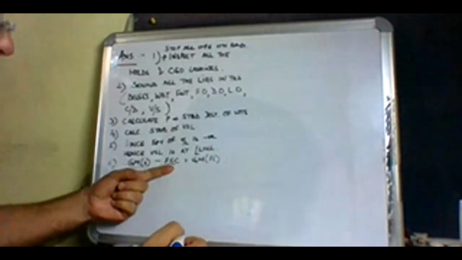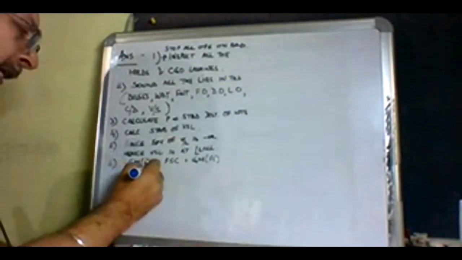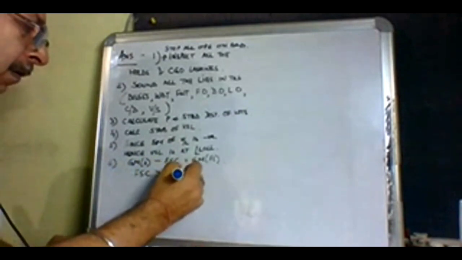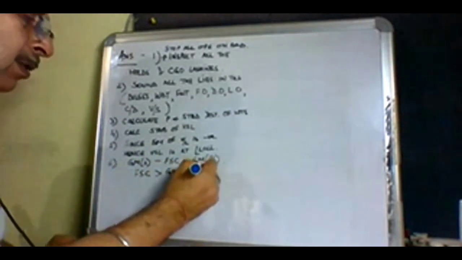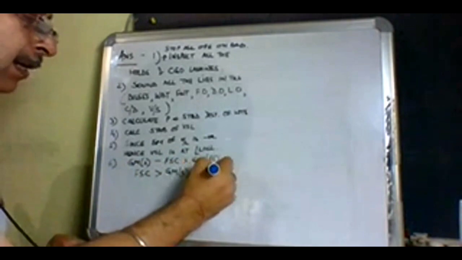So the moment FSC exceeds GM solid, you know that you are at an angle of loll. That means FSC is greater than GM solid. This means the vessel is at an angle of loll.